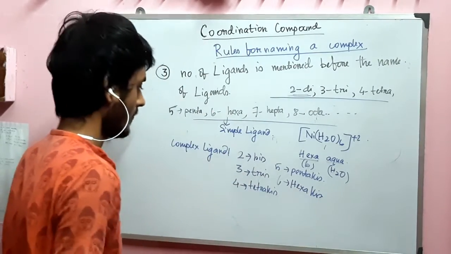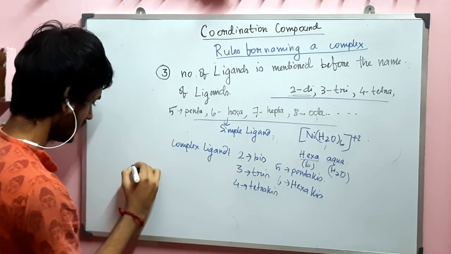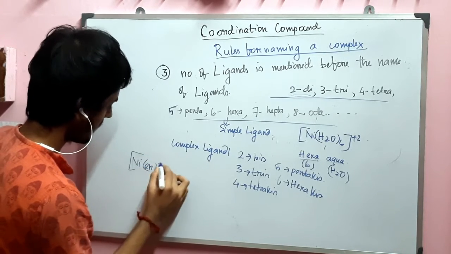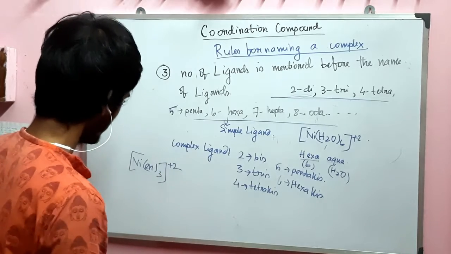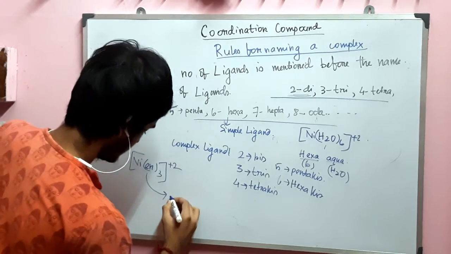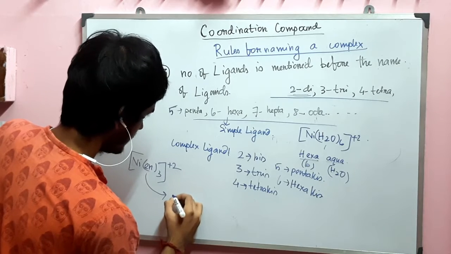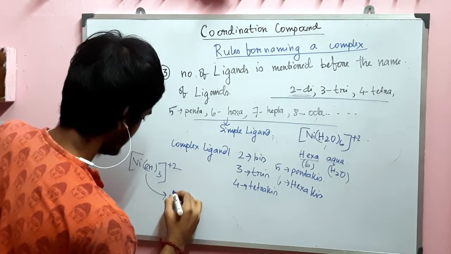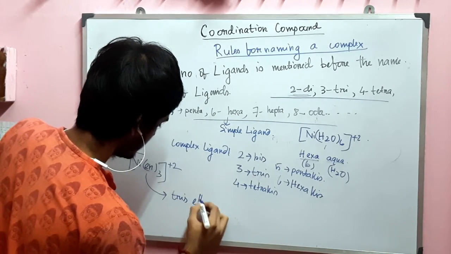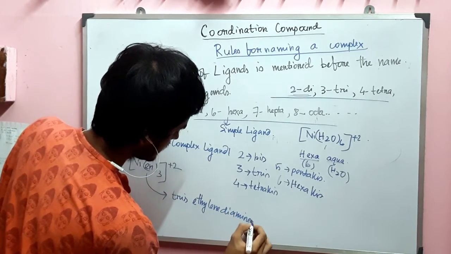Let us take an example. If we take [Ni(en)3]2+, then I will name this ligand as tris(ethylenediamine). Why?